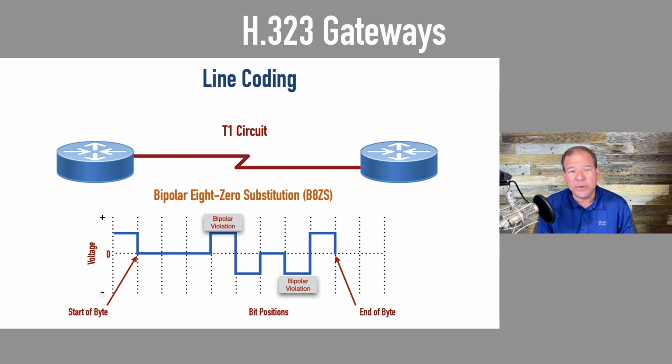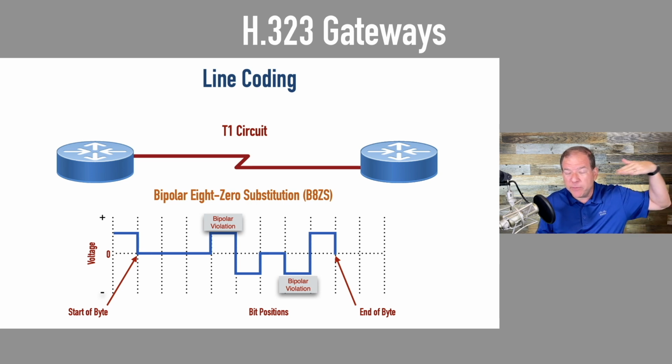One option that we see on a T1 circuit is called B8ZS. B8ZS stands for bipolar 8-zero substitution. Kind of a big phrase. Here's what that means. This byte that you see on screen right now is a byte containing all zeros. You might say, hold on, I see some voltages in there. Notice what's happening.